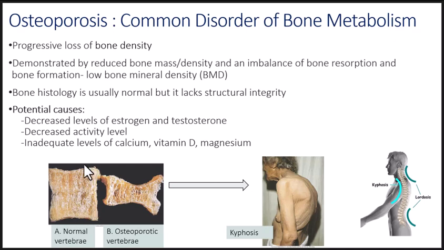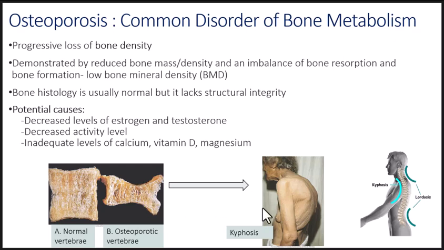If we look at this image here, you can see a normal vertebrae. And then here we have one that has suffered from osteoporosis, but also suffered from a compression fracture. And a compression fracture is where you can see that obvious loss in vertebral height. And a compression fracture, you might recall from earlier in today's lecture, is a pathological fracture.